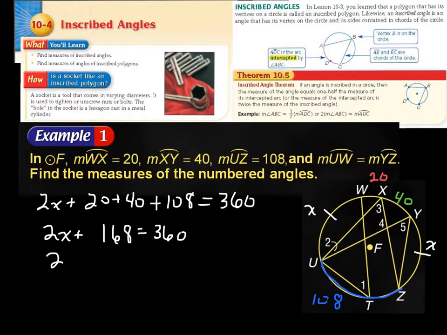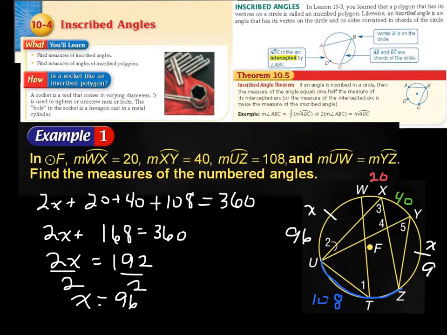Subtract 168 from both sides, and divide by 2. X should be 96. So now these are both 96. That's what we needed to get started.